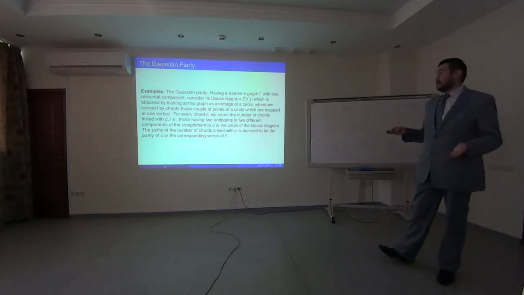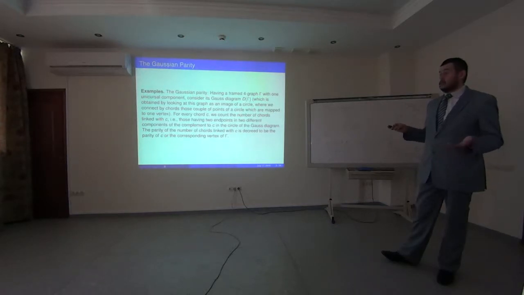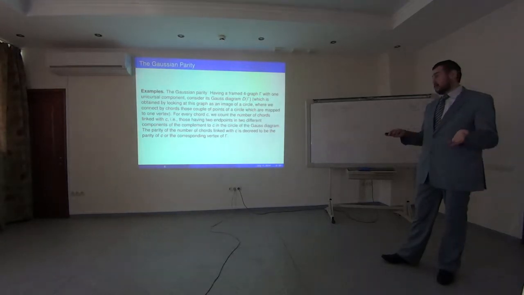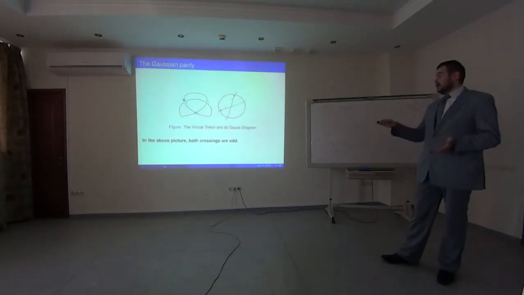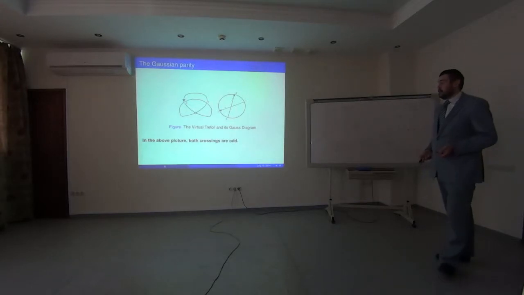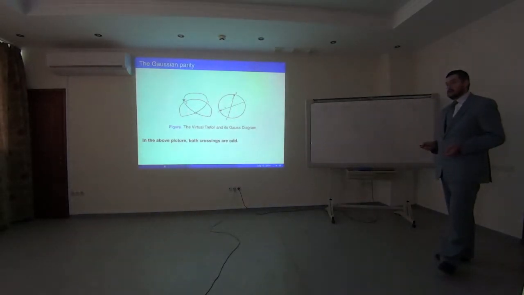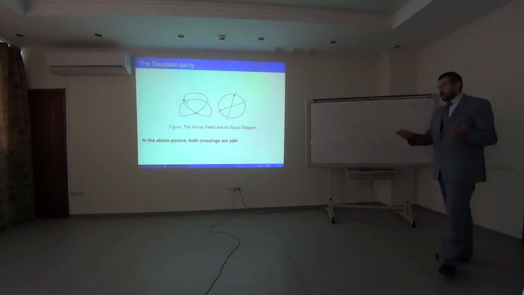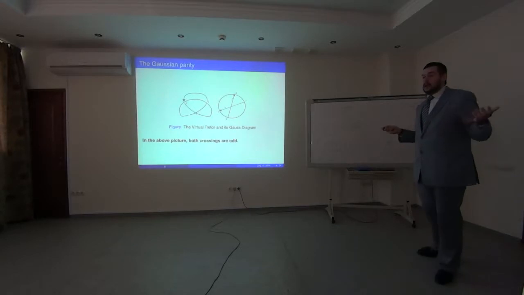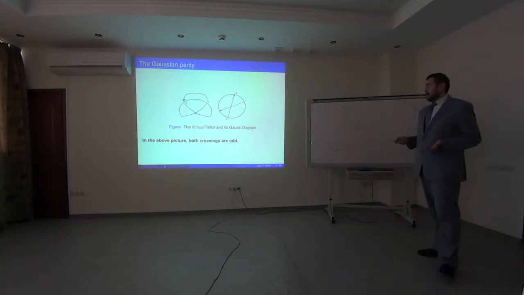Then we look at its chords, and we see how many chords are linked, or how many chords intersect with that one, and we see whether chords are even or odd. This is an example of a virtual trefoil knot. You see that here I disregard virtual crossings. If I have a virtual knot diagram, I just consider them as artifacts of the planar drawing. So this is the virtual trefoil, and this is its Gauss diagram.